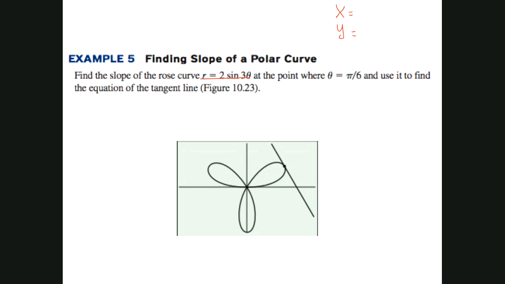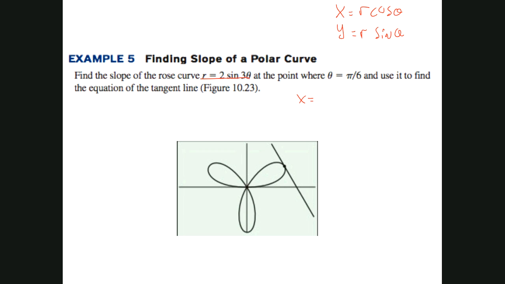But remember, we said that x is equal to r cosine of theta, and y is equal to r sine of theta. Well, they told us what r is, so my x value is going to be 2 sine of 3 theta cosine of theta.